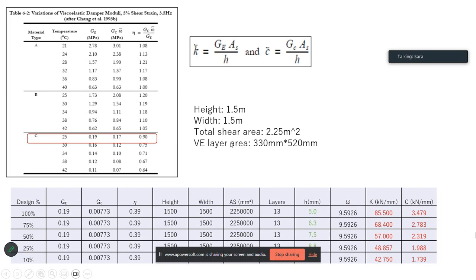The viscoelastic layer area dimensions are 320 millimeter, 520 millimeter, and 330 millimeter.